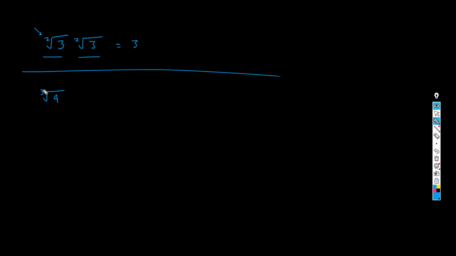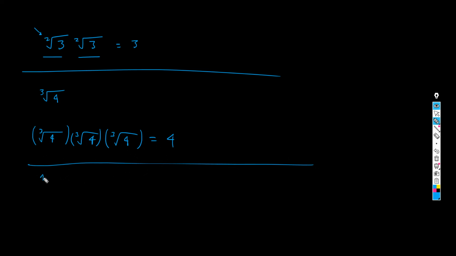Let's consider the cubic root of 4, or the third root of 4. What is this number? This is the number with the property that if you multiply it by itself 3 times, because the index is 3, you get the number inside the radical, which is 4.